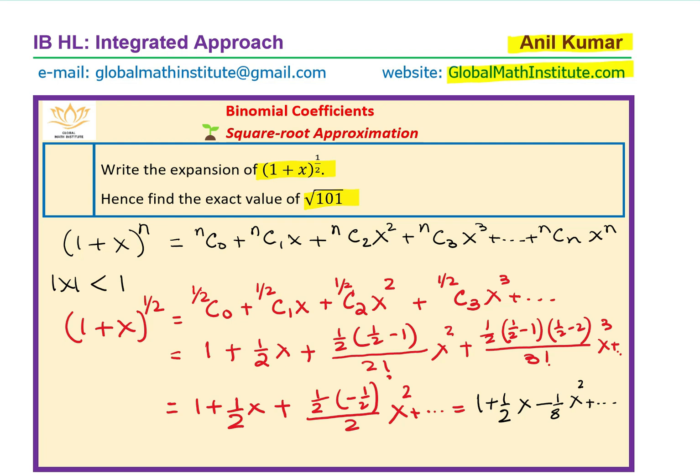Now what are we going to do with 101? So the square root of 101 will be written as the square root of 100 plus 1. We can take 100 as a common factor. So we get 100 times (1 plus 1 over 100).